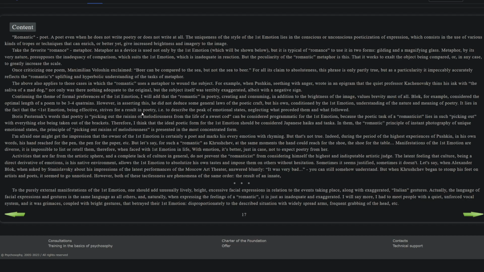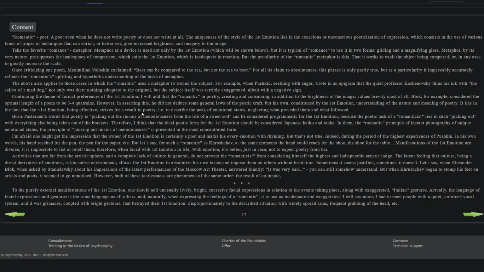Metaphor as a device is used not only by the first emotion, which will be shown below, but it is typical of romance to use it in two forms, gilding and a magnifying glass. Metaphor by its very nature presupposes the inadequacy of comparison, which suits the first emotion, which is inadequate in reaction.